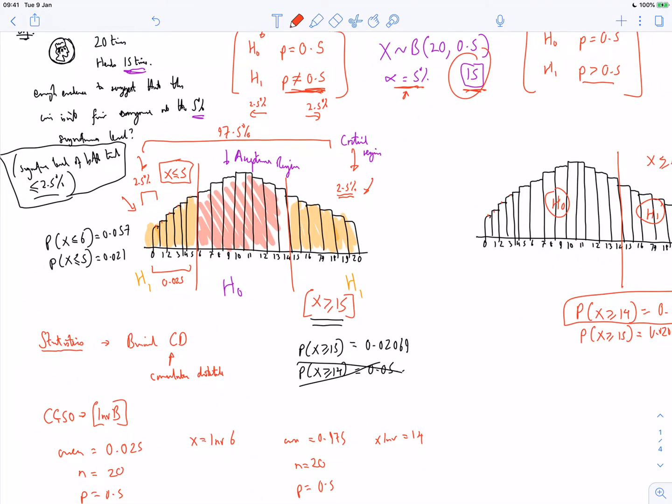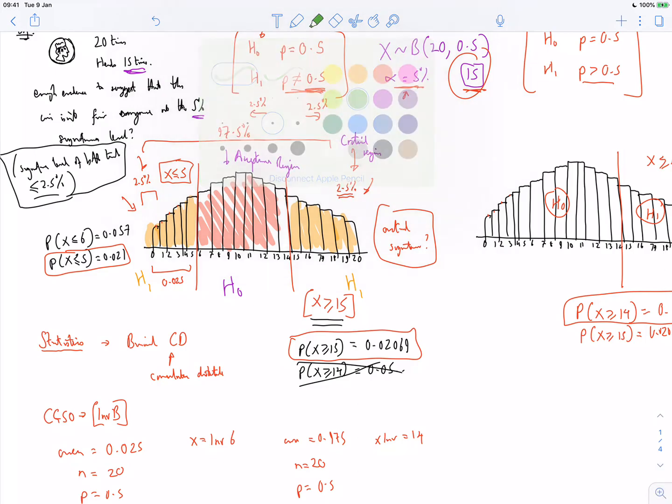If somebody said to you, given these boundaries, what is the actual significance of the test? Well, that's quite easy. What you would do, the actual significance is where you just add up the probabilities they actually were.